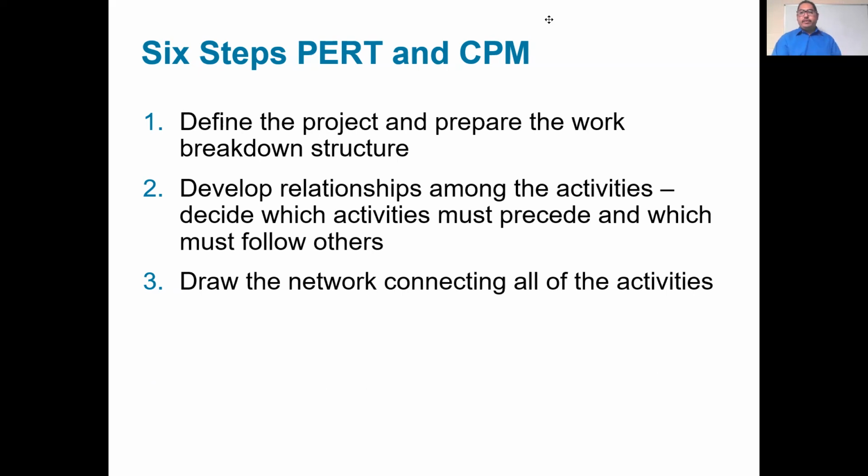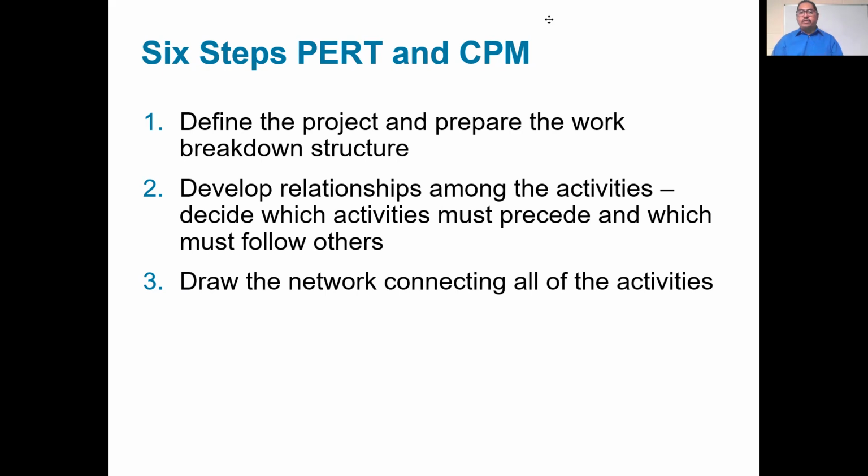Either if we use the PERT framework or if we use the CPM framework, we have to follow these, right? Preparation is important. Then we have to define the relationship between each of these activities to one another. Is one activity preceding other activities? Then we need to look at that and define that there.